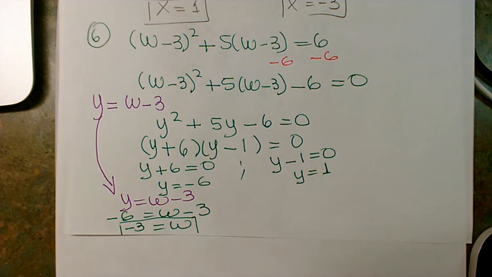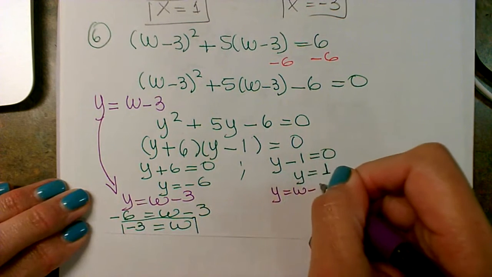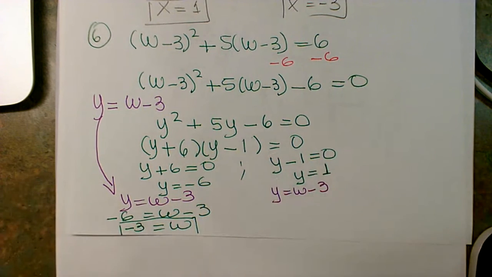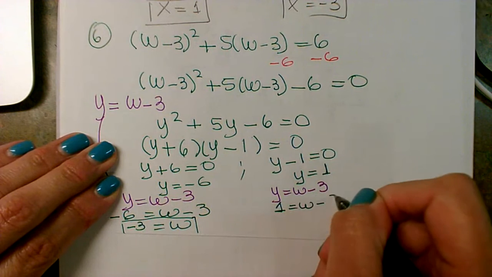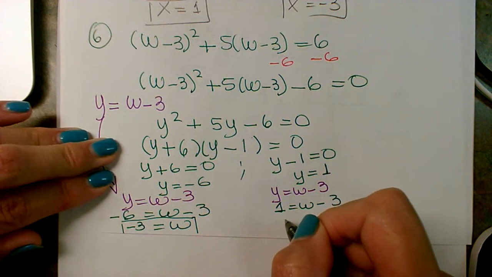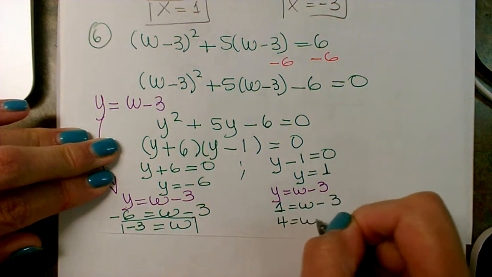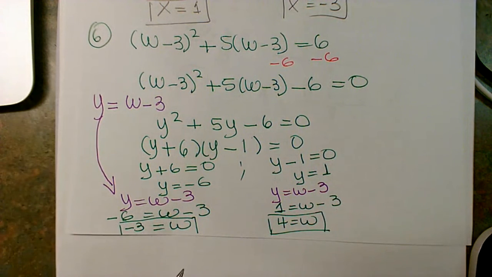And on this side, I'm going to do exactly the same. So this is going to be 1. If I add 3 on both sides, remember, it's exactly the same if I say negative 3 equals to w or w equals to negative 3.